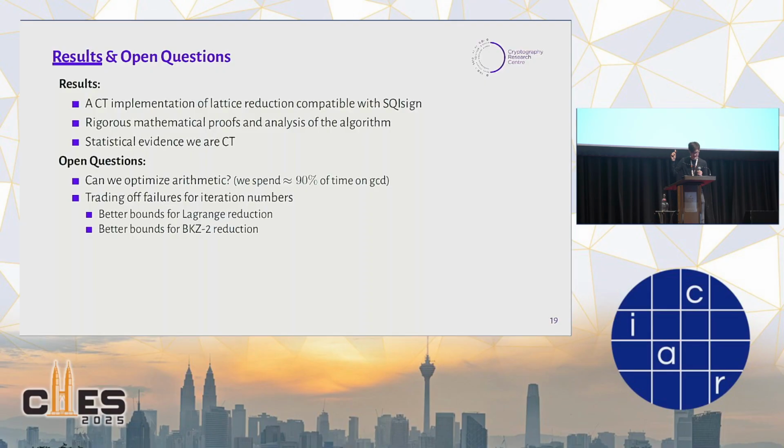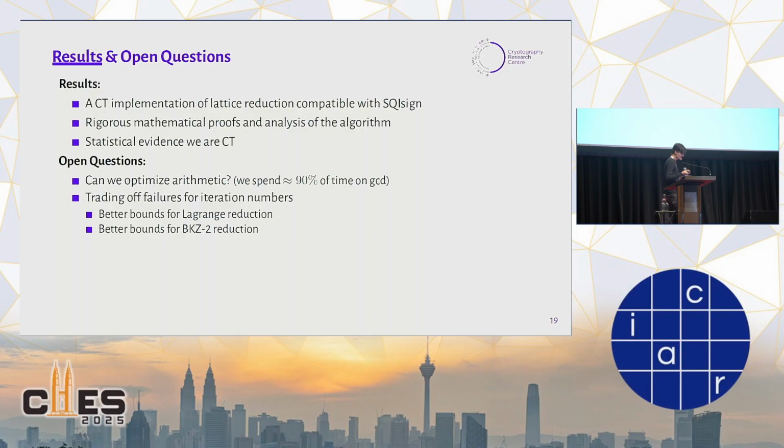What hits our performance is the inefficiency of our arithmetics. We spend about 90% of our time on GCD because we use rational arithmetics instead of floating point. So maybe one could speed up the GCD, or maybe we could even switch to floating point arithmetic, if it's possible in principle for constant time algorithms.